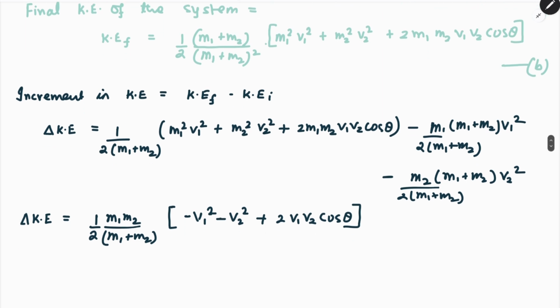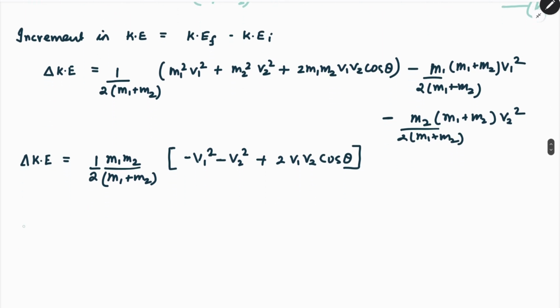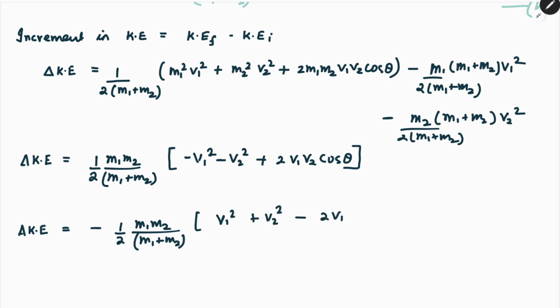On solving this term we obtain something like this, and if we take the negative common, we can write it as minus half of m1 m2 upon m1 plus m2, times v1 square plus v2 square minus twice v1 v2 cos theta. This can be written as the magnitude of v1 minus v2, squared.